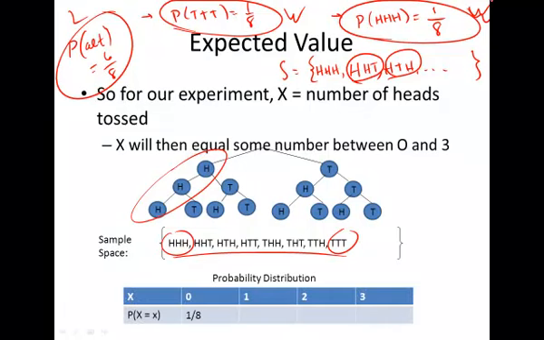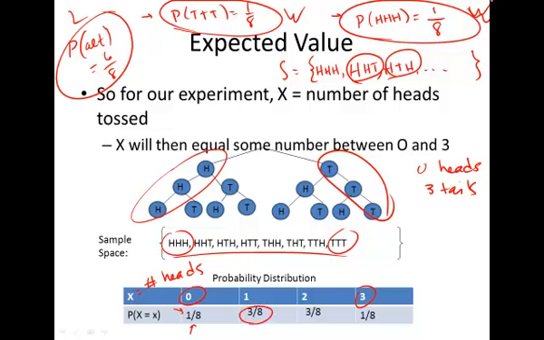Remember X is the number of heads here. You can imagine what 0 heads means. 0 heads corresponds to all of them being tails, which is TTT, with a probability of 1/8. All 3 heads is also a probability of 1/8.